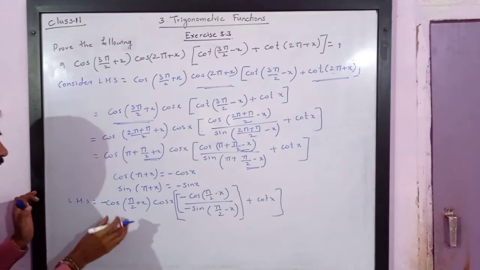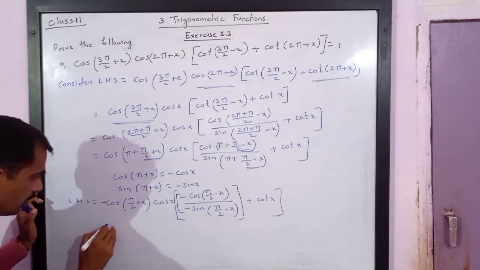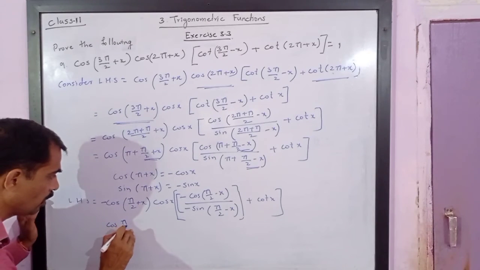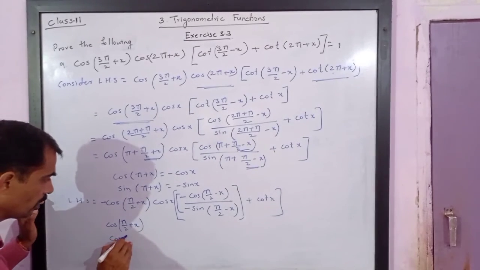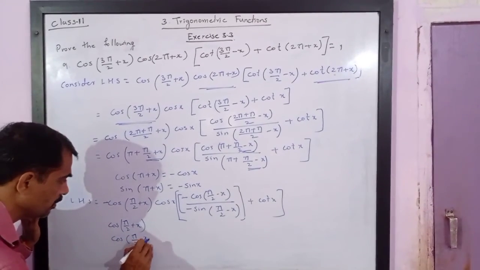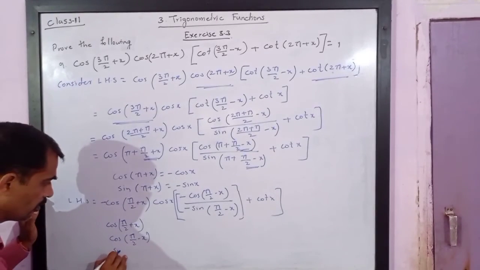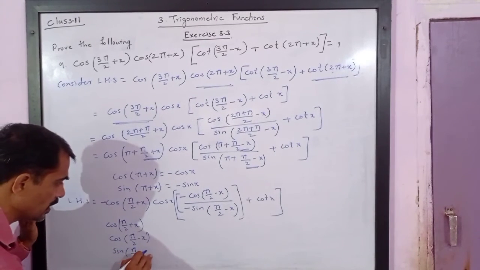Now we have the identity for cos of pi by 2 plus x. Then we also have the identity for cos of pi by 2 minus x and sin of pi by 2 minus x.